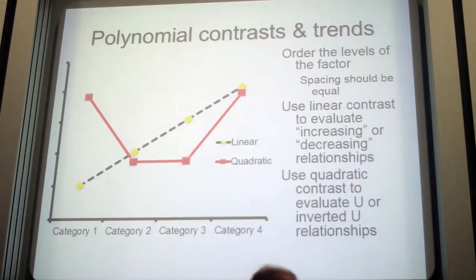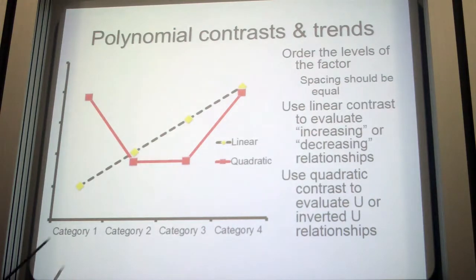So if it's different angles of orientation, make it start with upright and finish with inverted, and these intermediate ones be in the right order. If it's dosage, have the low dose at the left, the higher dose to the right, intermediate ones in order.